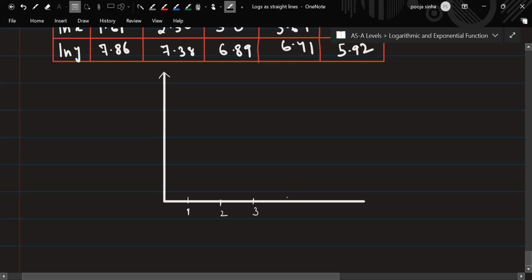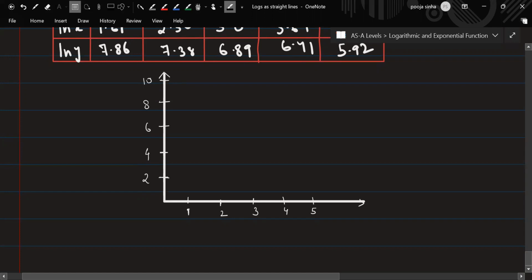Obviously, you will be doing it on graph paper with proper scale. And on Y we take values 5, 6, 7. So instead of taking a difference of 1, we can take a difference of 2: 2, 4, 6, 8, and 10.